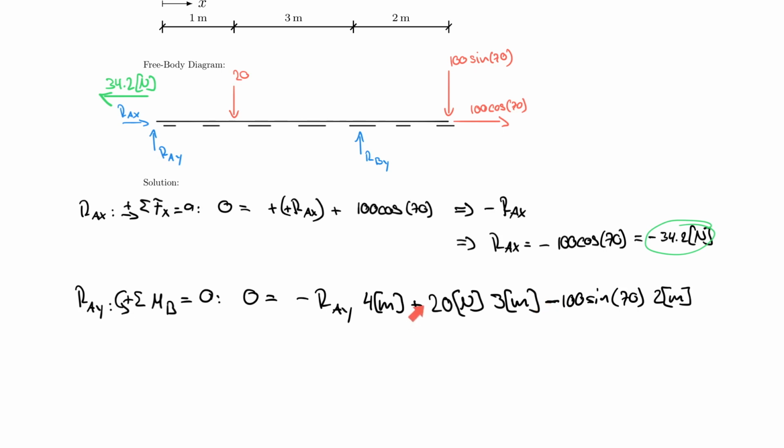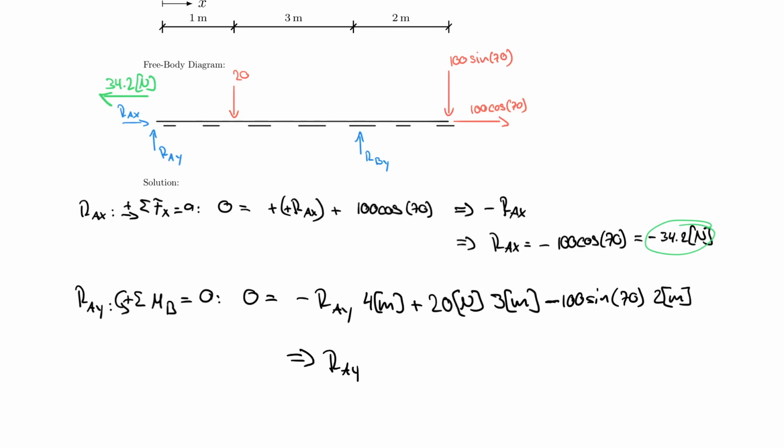And so you can see here that this sign is not affected by the direction of the force, and by direction I mean the y direction. It's really dependent on the rotational sense. You can call that a rotational direction as well, but this one here turns about this point clockwise, negative, and this one turns counterclockwise, positive. So that's what you see here in this equation. And you can solve this equation now for RAY.